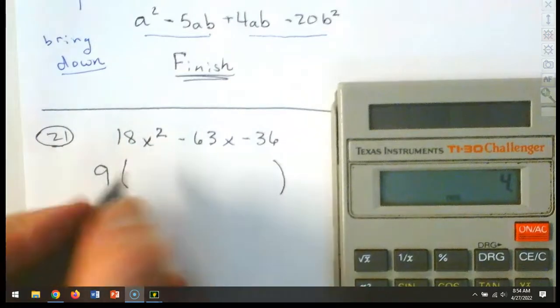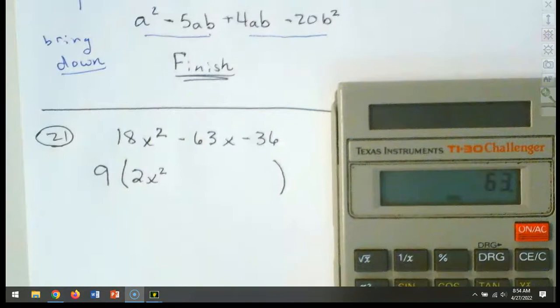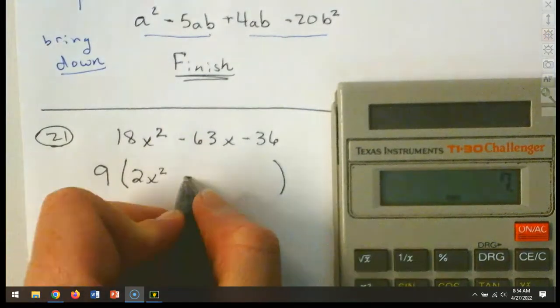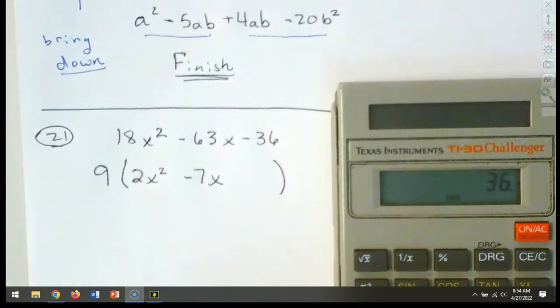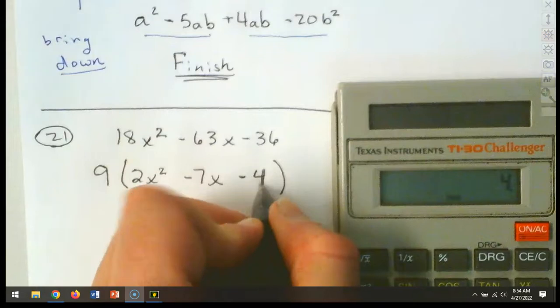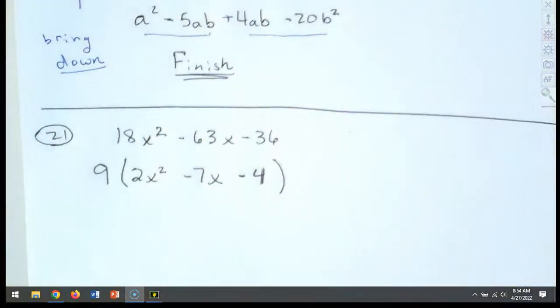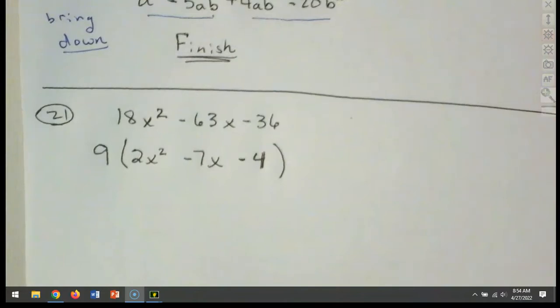18 divided by 9 is a 2, x squared. 63 divided by 9, that's going to be a minus 7x. 36 divided by 9, well, that's a minus 4. Now the numbers look dramatically easier.